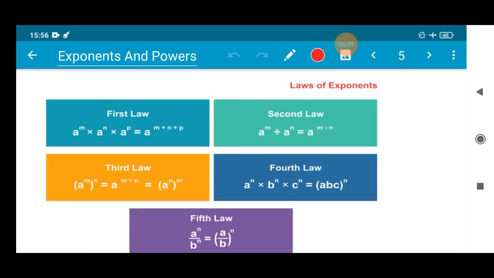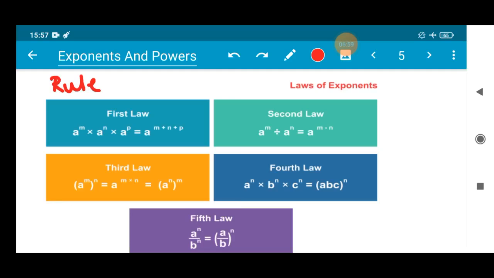All right, now if you understood what an exponent is, then you know that in every form of maths you have a law, you have a rule. Without a rule, no maths can be solved. Even to do addition you have a rule, even to divide you have a certain division rule, even to multiply you have a certain multiplication rule, right? So for every calculation in mathematics you need to have a rule.